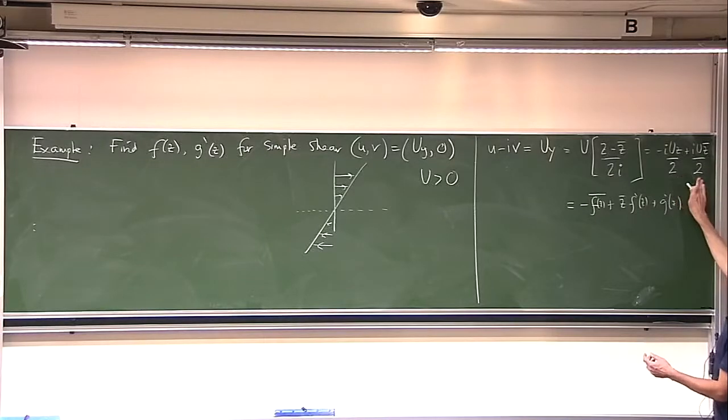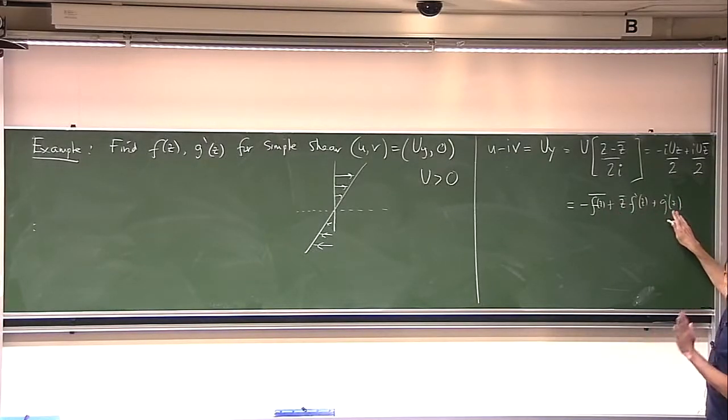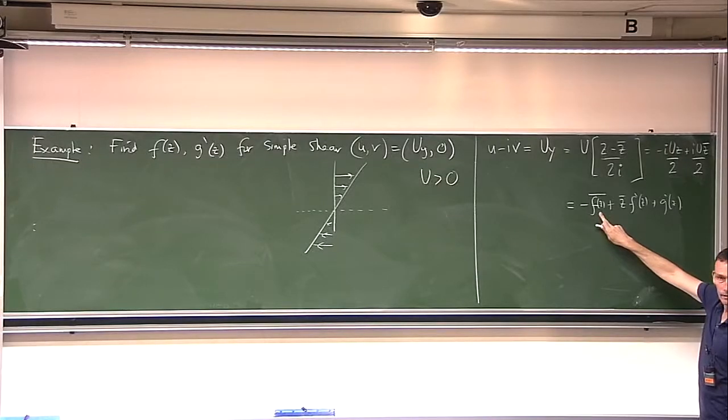We've got to equate this with this and identify F and G prime. Well, the first thing I notice is that this is anti-analytic, and this isn't anti-analytic or analytic. It's a mixture. All I can say about this is it's a regular function.